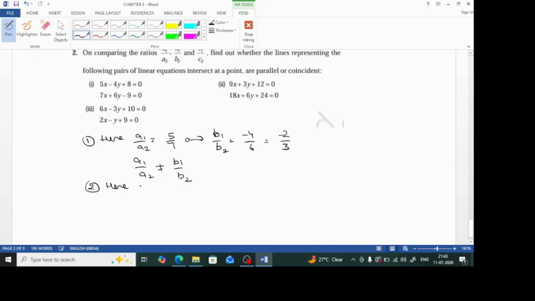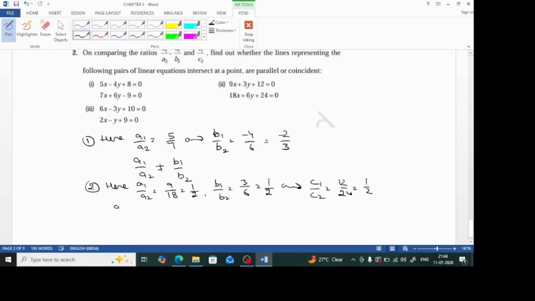Second part here, a1 upon a2 is equal to 9 by 18, which means 1 by 2. b1 by b2 is equal to 3 by 6, which means 1 by 2, and c1 by c2 is equal to 12 by 24, which means 1 by 2.